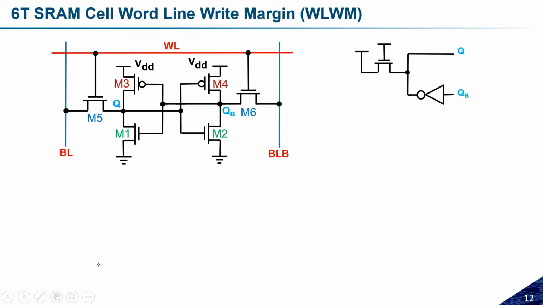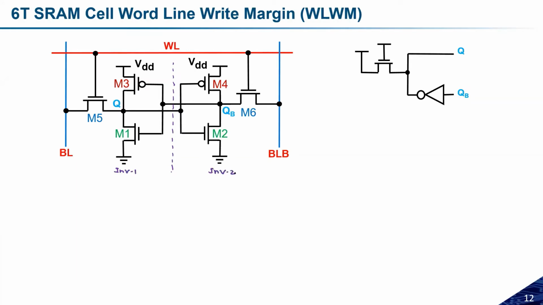Whatever you are seeing here on the right side is based on the left side inverter. Here we have two inverters, left and right. Let us say the first is inverter number 1, and the second is inverter number 2.